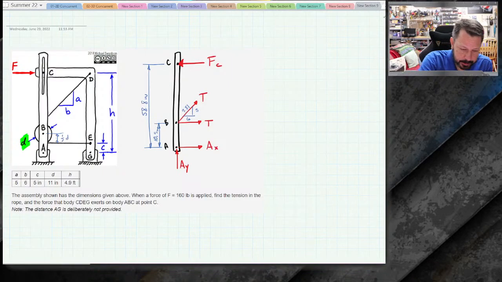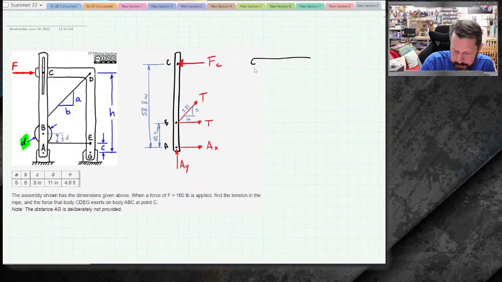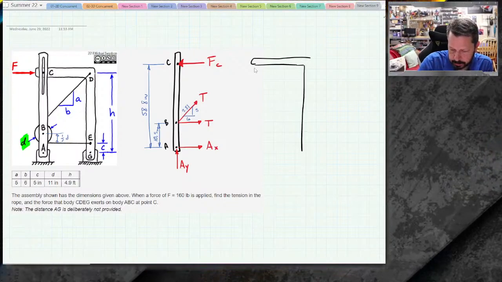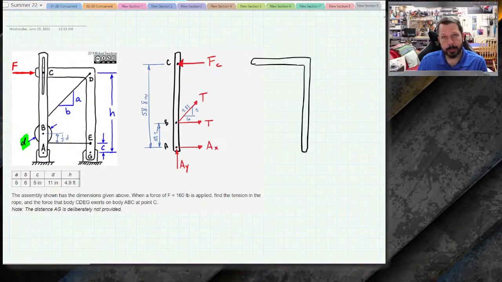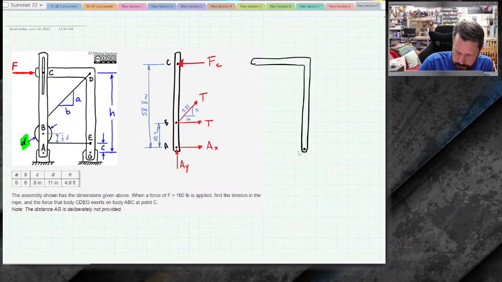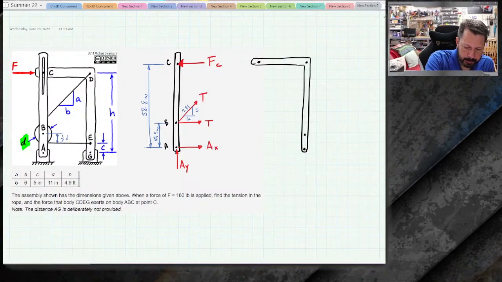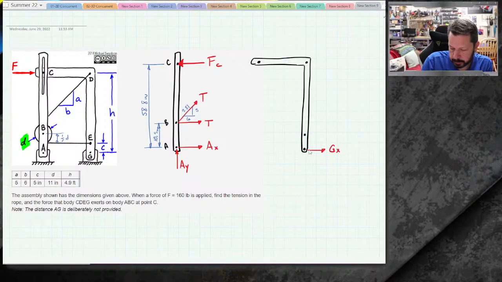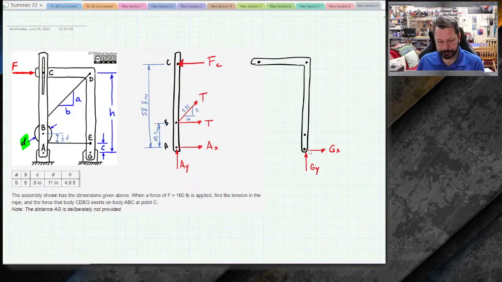So let's draw the other piece. I'm going to draw it over here at the side, kind of in the same scale, just moved over. All right, so there's a pin at G, just like there was at A. Let's put our little pin. So there's going to be one at G, there's one at E, there's one at D, and one at C. So G, it's just a pin, so it's going to have GX and GY reactions.